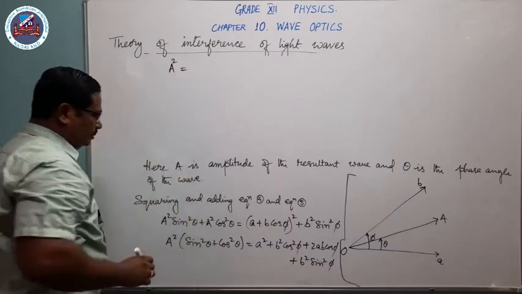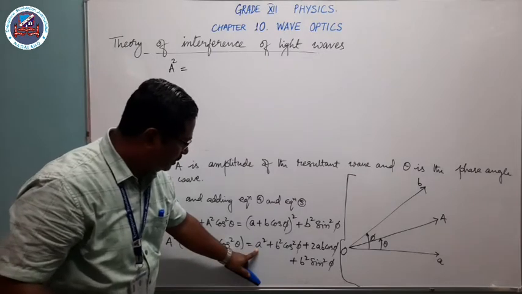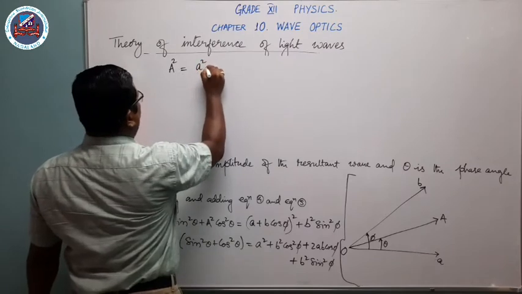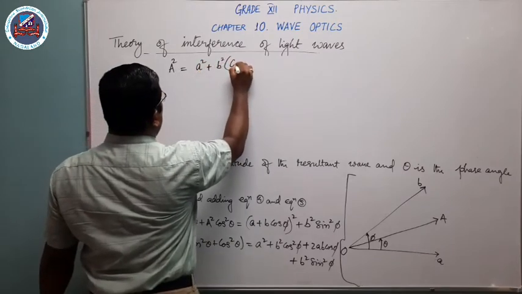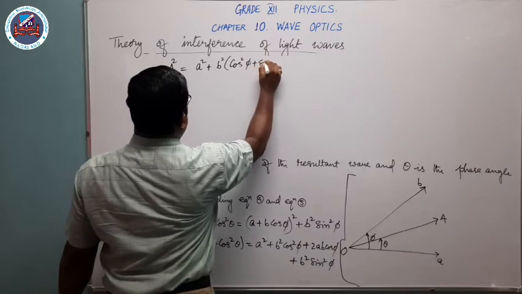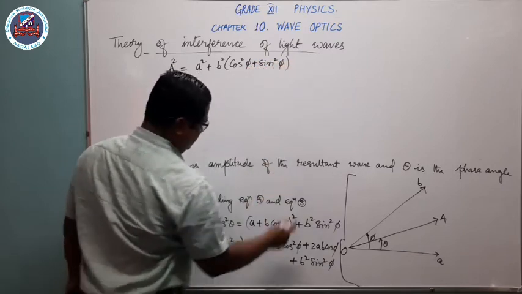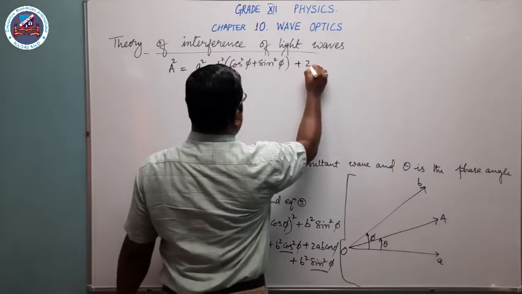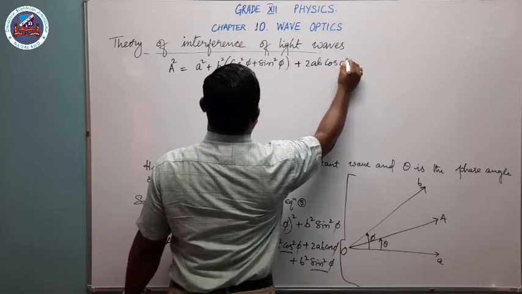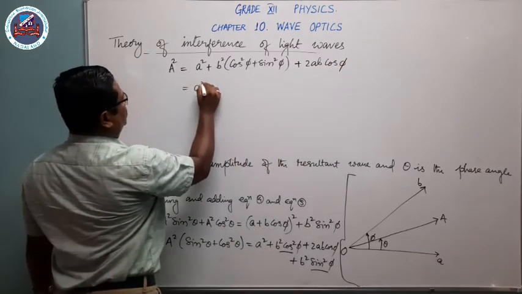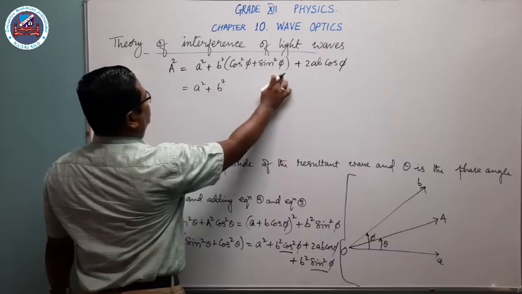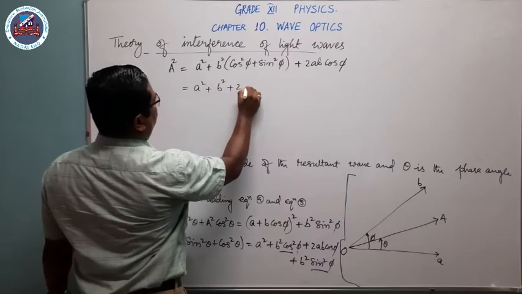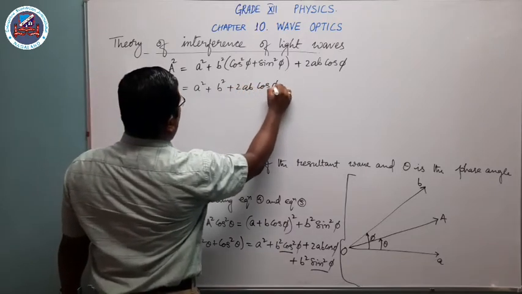A square is equal to a square, then b square you can take common, a square plus b square, cos square phi plus sin square phi you will get from this term and this term, plus 2ab cos phi. So this will become a square plus, sin square theta plus cos square theta is 1, b square plus 2ab cos phi.